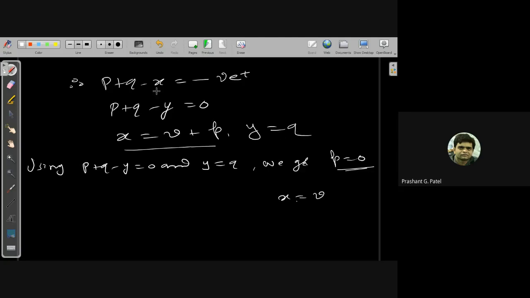Okay, so from this first equation, that is p plus q minus x is equal to minus v e raised to t, it implies the value of y. The p is already 0, so q equal to x minus v e power t, but value of x is v, so it is v minus v e power t.